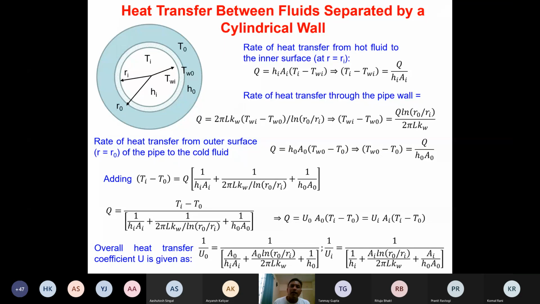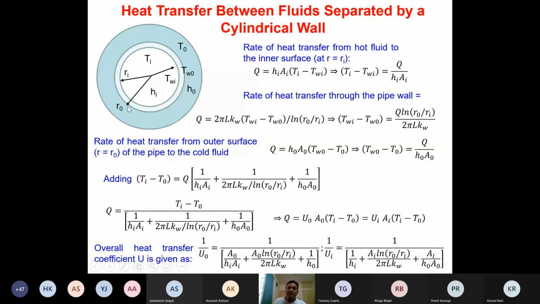Okay. So again, I'm showing the cross section of the double pipe heat exchanger. The inner pipe is shown by a white background, whereas the outer pipe is shown by this shaded background, and the metal wall is shown by the striped lines here. Again, the temperature of the inside fluid is Ti. The heat transfer coefficient of the inside fluid is Hi. The inside radius is Ri.